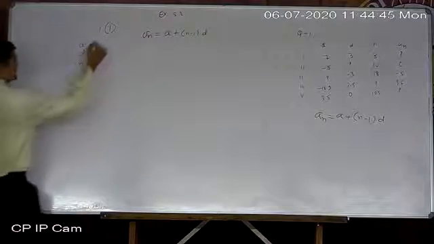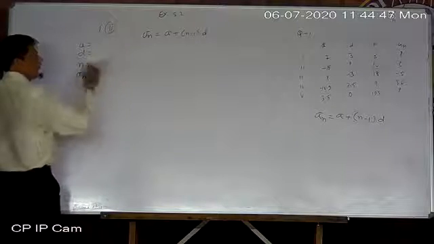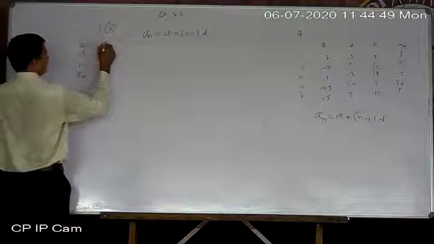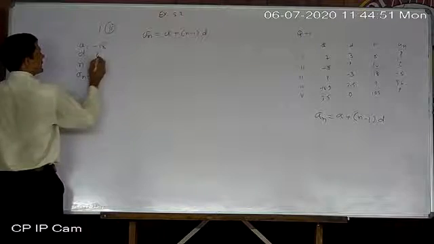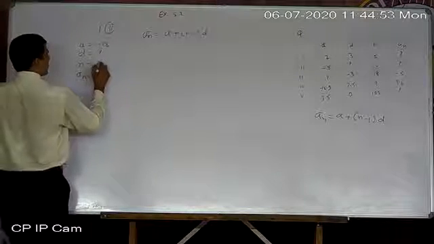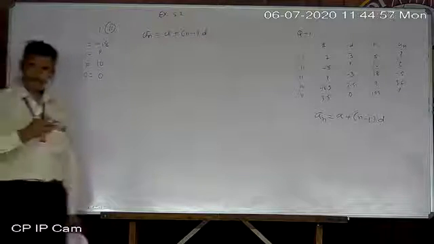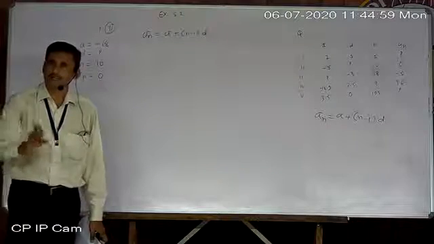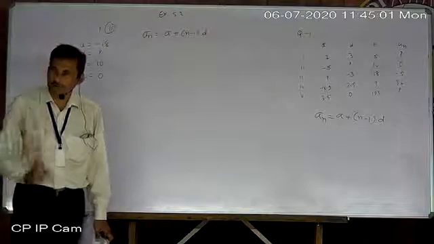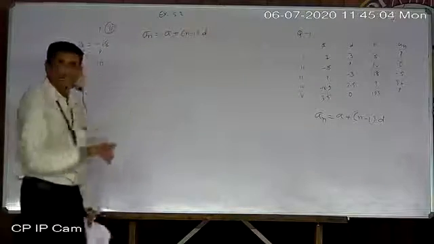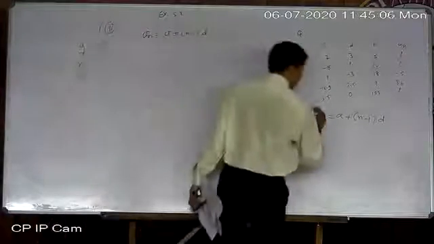Number 2: a is minus 18, d not given, n is 10, an is 0. The same formula will be applicable in the whole exercise, one and only one formula: an equal to a plus (n minus 1) d.